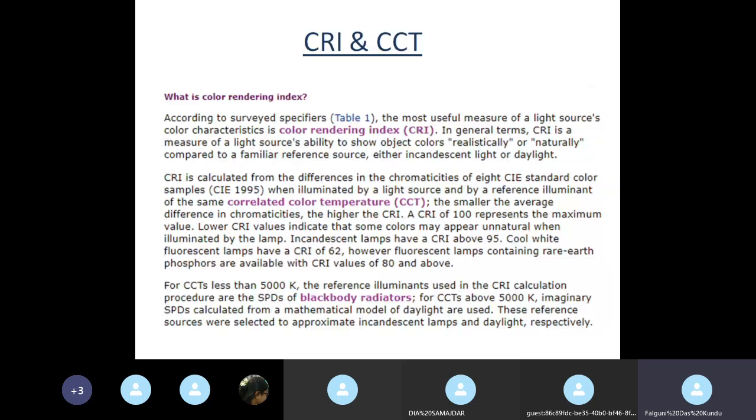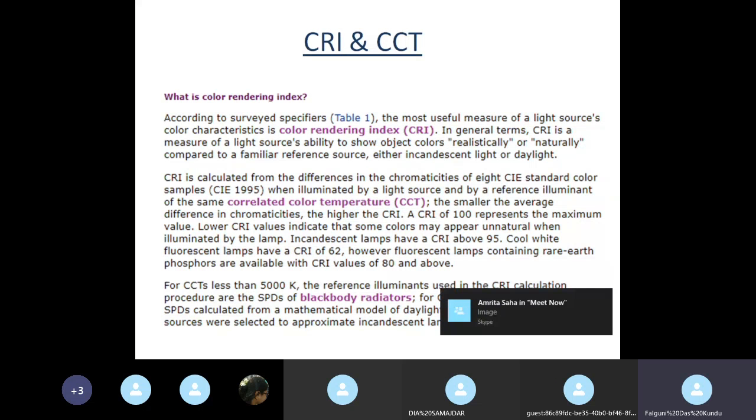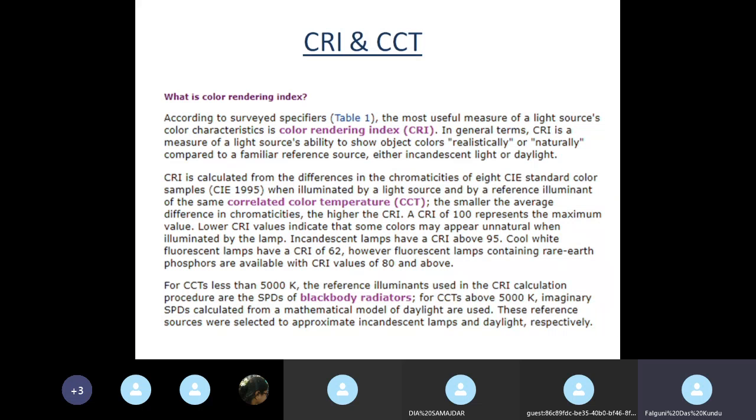Okay. The smaller the average difference in chromaticity, the higher the CRI. A CRI of 100 represents the maximum value. A lower CRI value indicates that some colors may appear unnatural when illuminated by the lamp.